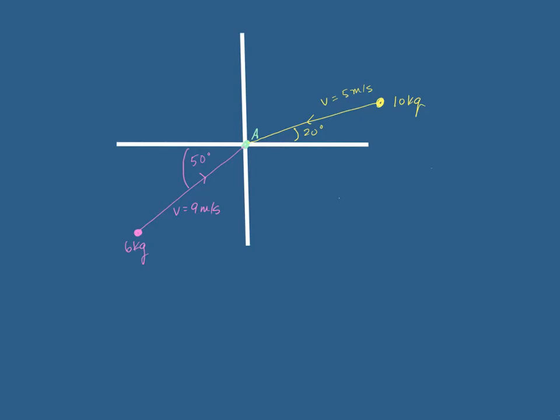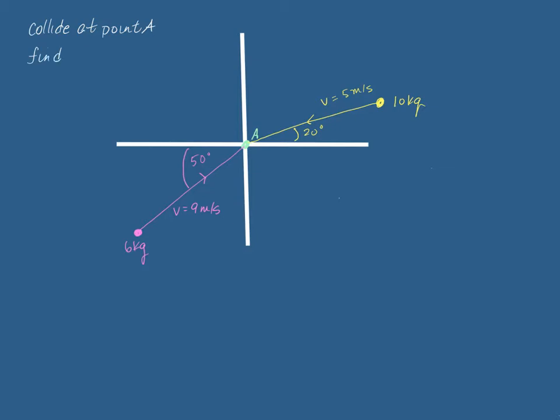Now you're going to get a chance to practice the kind of problem that we just did in a lot of detail. In this case, we still have two wads of putty and they are going to collide and stick together at point A. Our goal is to find out what direction they move off in.